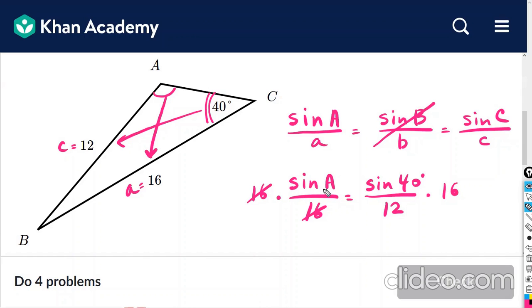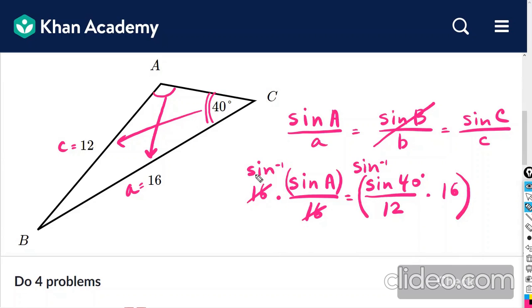Okay, in order to get rid of the sine function, you want to take the inverse sine on both sides. So I'm just going to use the inverse sine here. And then I'll use the inverse sine on the other side. And we're going to use the inverse sine of this whole mess right here.